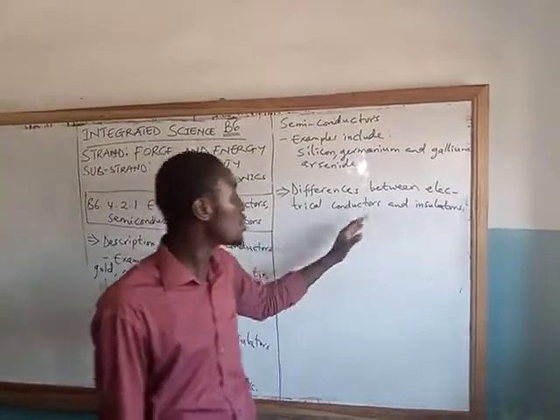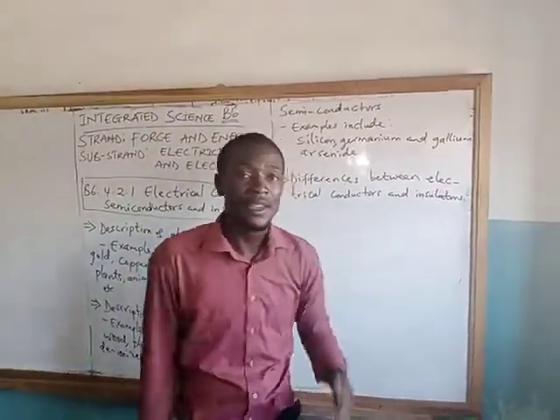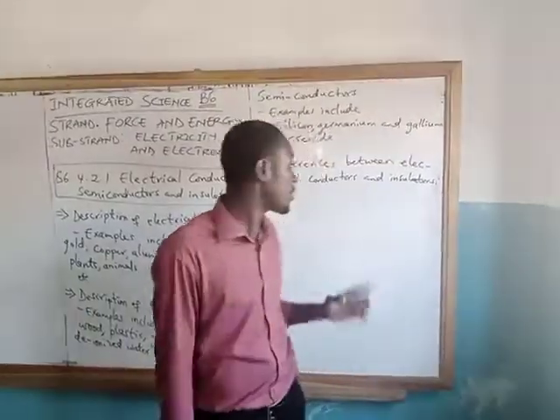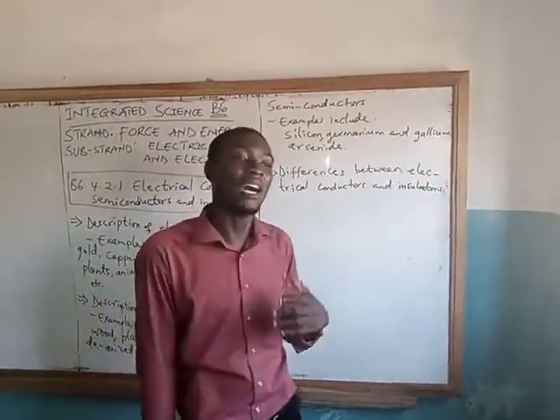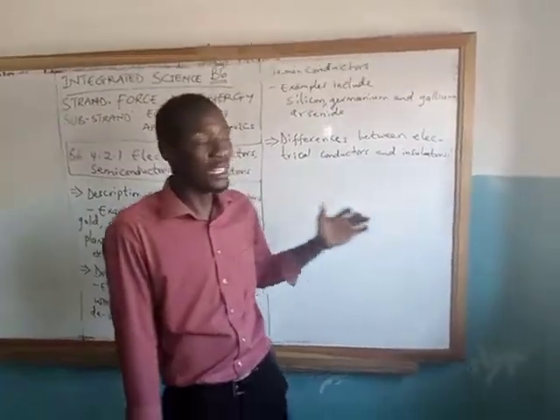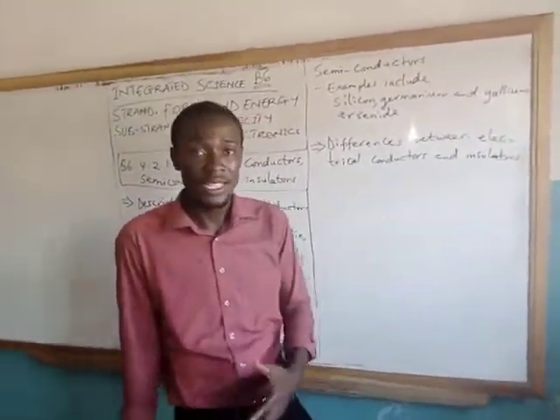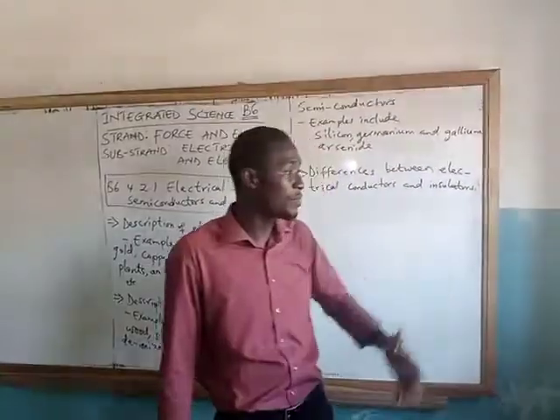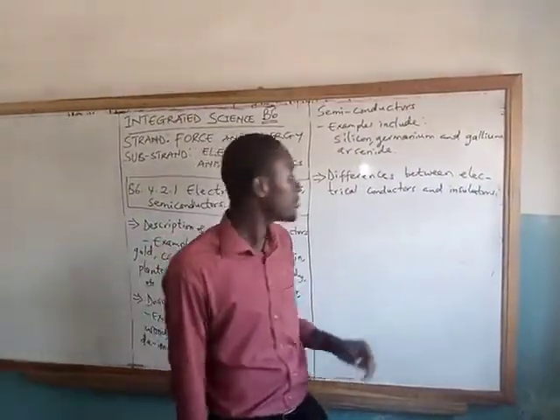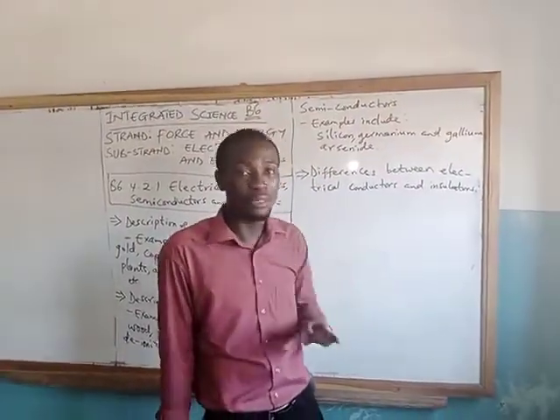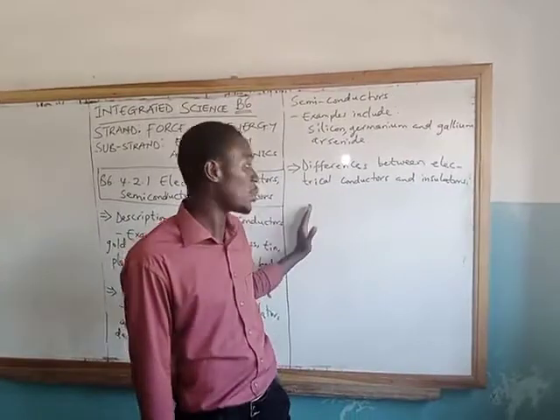We have differences between conductors and insulators. We've already learned about them. How different is one from the other? Electrical conductors have free electrons, as I've mentioned earlier on. They have free electric charge carriers. Because of that, they're able to conduct electricity, moving electric charges from one place to another. Insulators do not have them, so they are unable to conduct electricity like conductors.